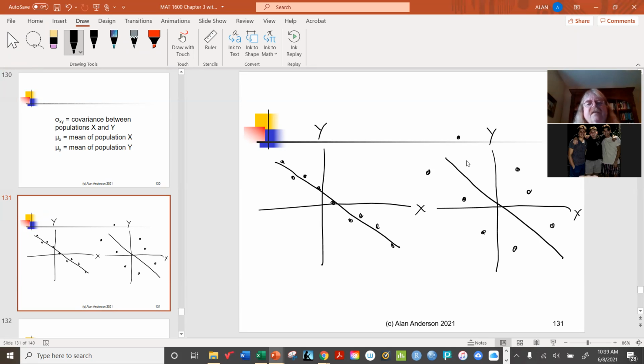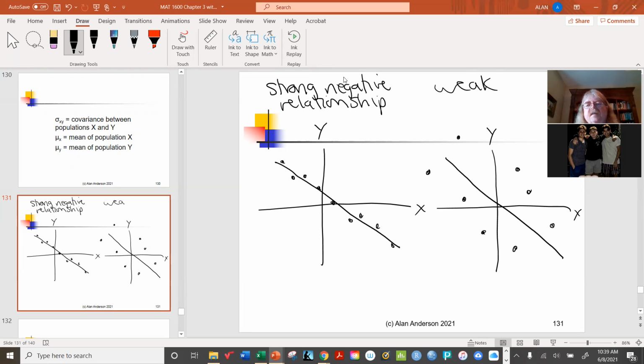So in the first case, we have a strong negative relationship. In the second case, we have a weak negative relationship. The question is, which one do we have with our case?